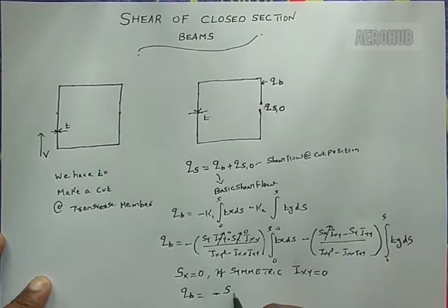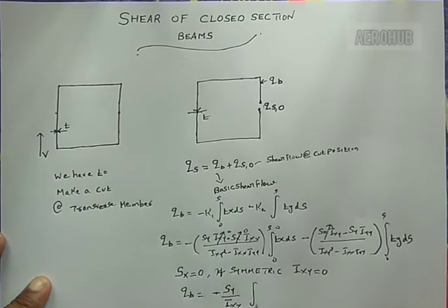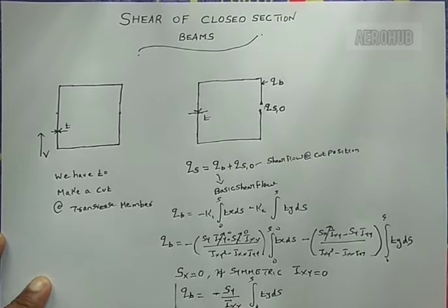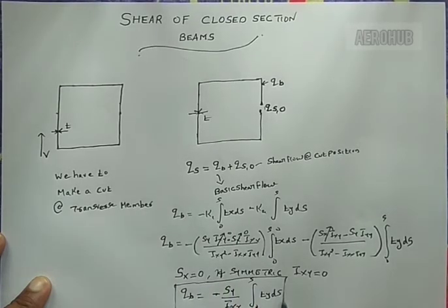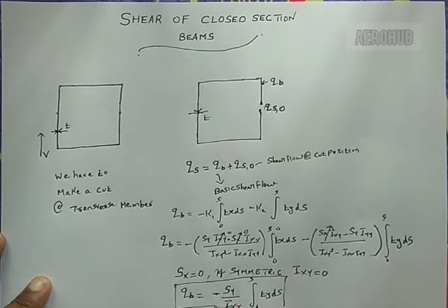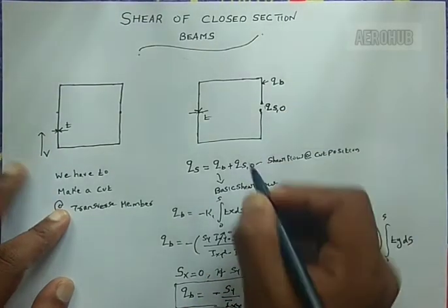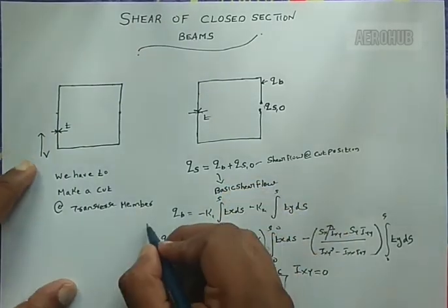Finally I'll get minus Sy over Ixx integral 0 to s of t y ds, and this will be the value of Qb, the basic shear flow. Okay, I'll write here.